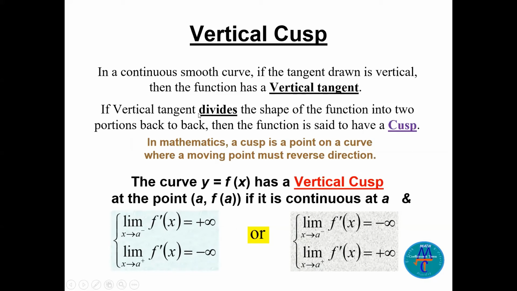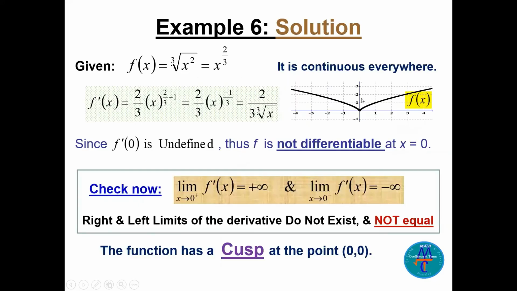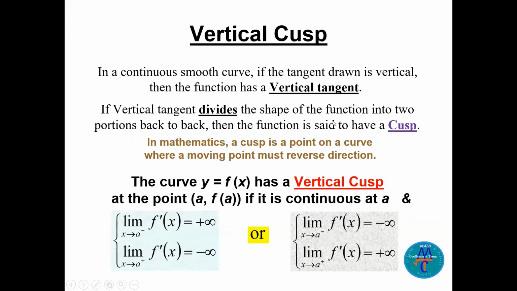If you draw a vertical tangent that divides the shape of the function into two portions back to back, like this one here, then this is where we have a cusp, C-U-S-P.